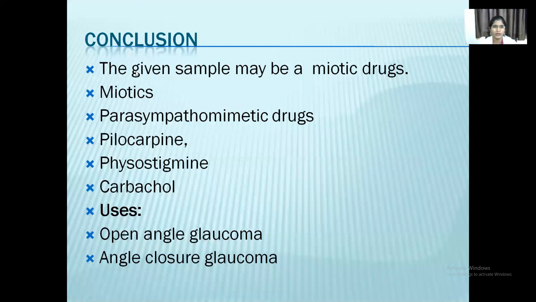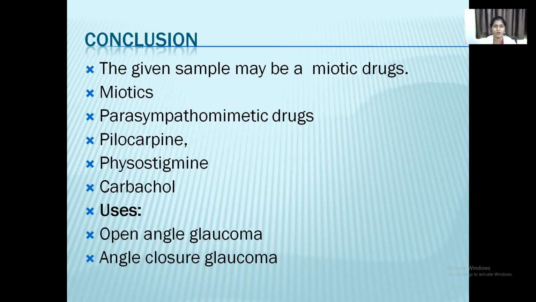So what are the miotic drugs, and what is the conclusion? The given sample may be a miotic drug because it decreases the pupil size. What are the miotics? Miotics are parasympathomimetic drugs like acetylcholine, carbachol, pilocarpine, and physostigmine. These are cholinergic or muscarinic drugs.